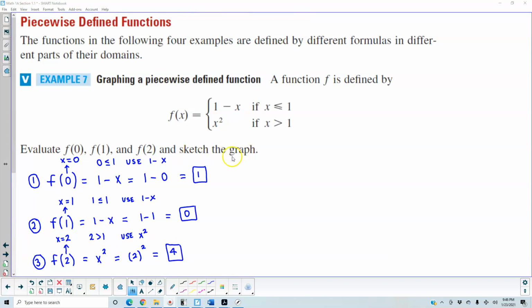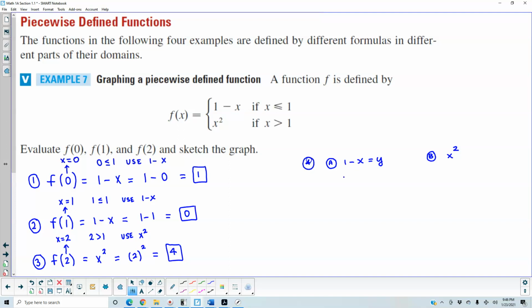Okay, the last part is we need to be able to sketch the graph. So we have two equations. The first equation we'll call A, and that is 1 minus x. And then our second equation is B, which is x squared. So we know that 1 minus x is our equation, and we're going to set that equal to y.